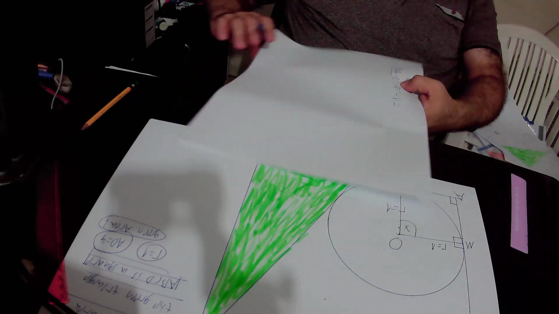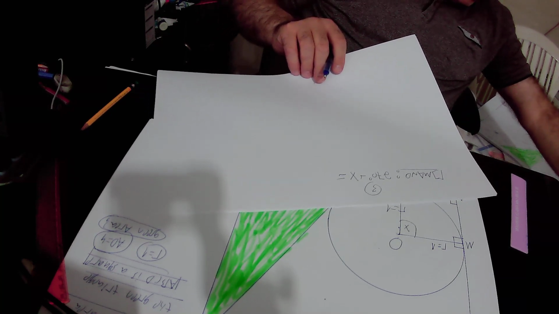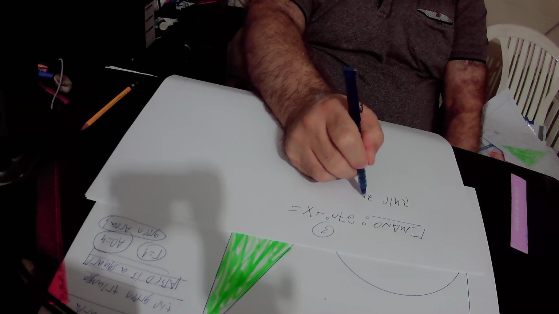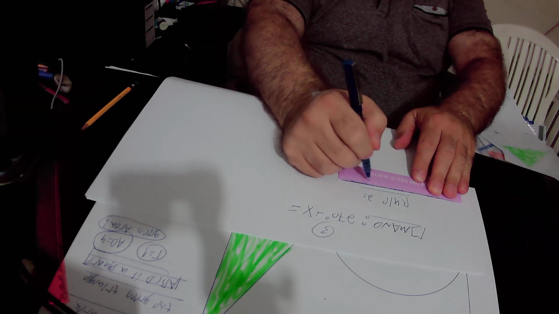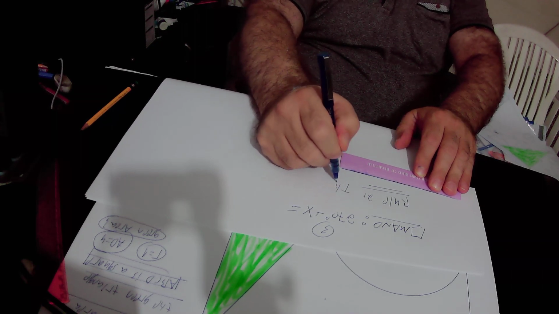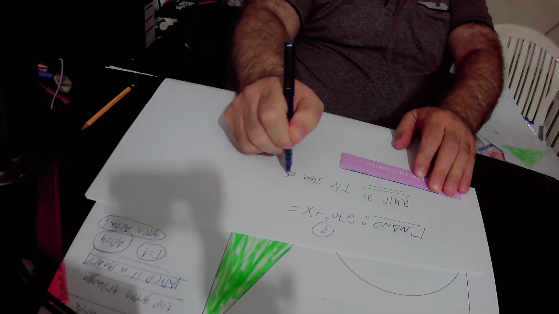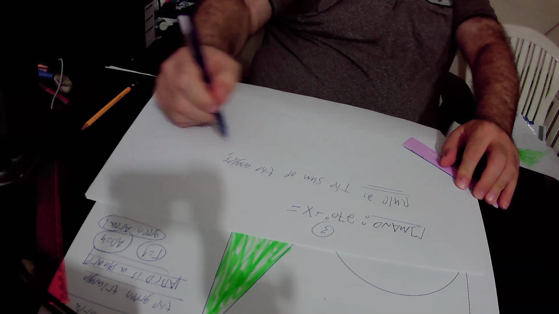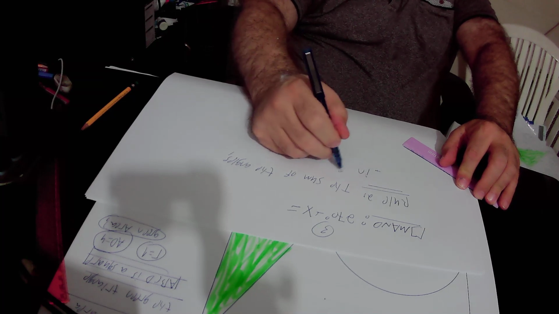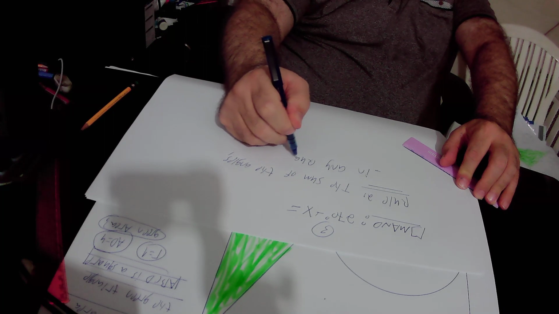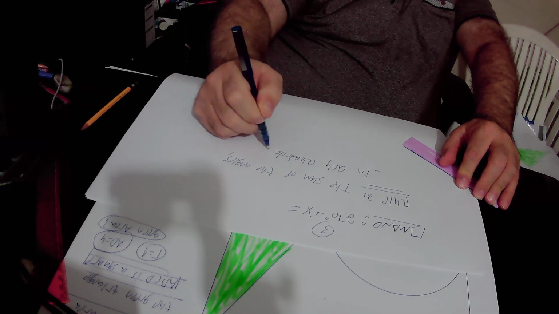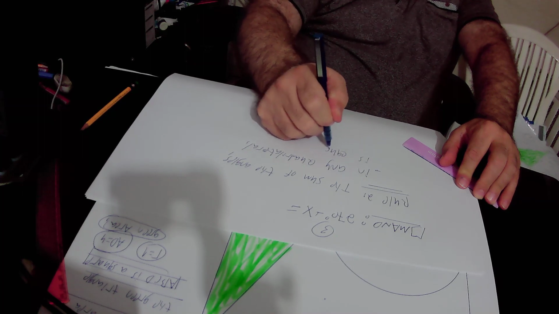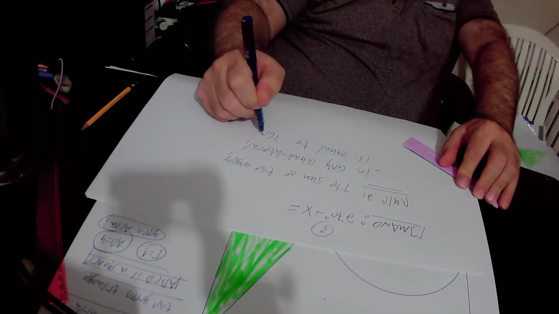And we actually have rule number 2. According to rule number 2, the sum of the angles in any quadrilateral is equal to 360 degrees.